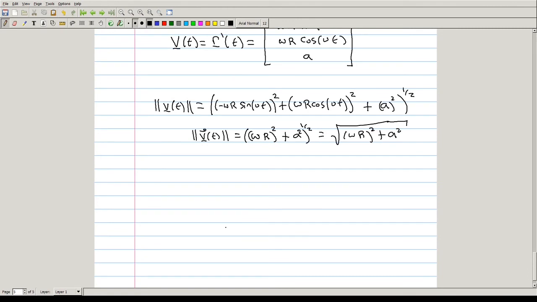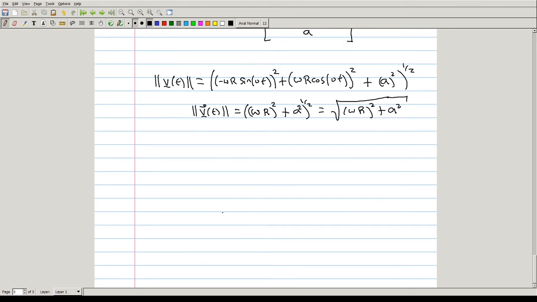And now to calculate arc length along the curve, which is the point of this example, we use the fact that arc length from t naught to t will be the integral of the velocity function, which in general is a complicated function of t. So this integral isn't always that easy to evaluate. But in this case, it doesn't depend on t at all.